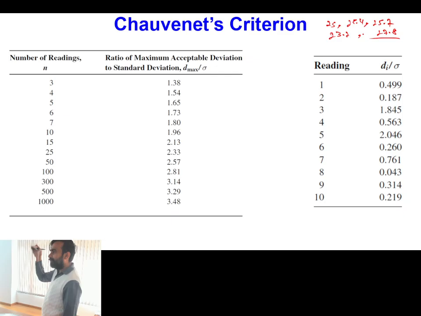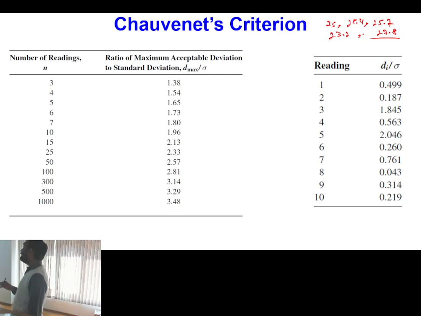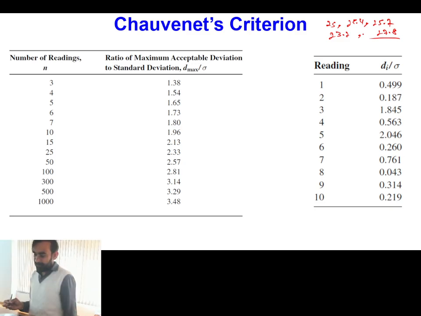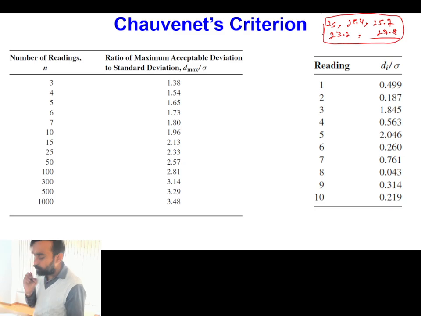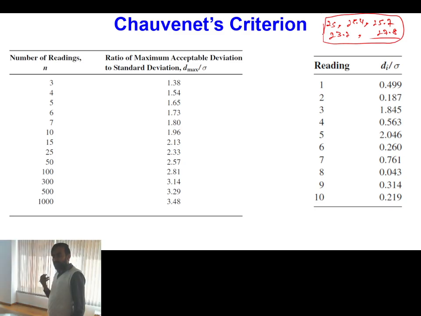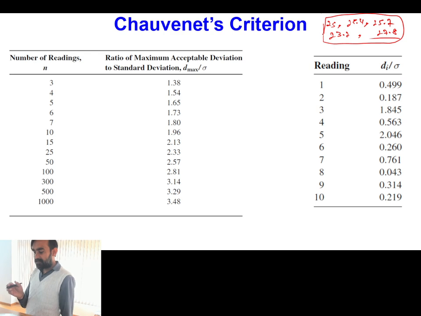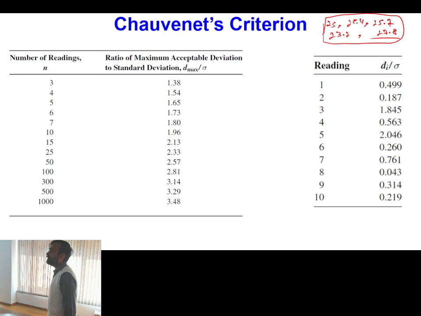So you can have multiple readings obtained from a single set of conditions maintained during the experiment. Now, out of all these quantities, how do we decide which quantity is actually not a good representative of the sample?